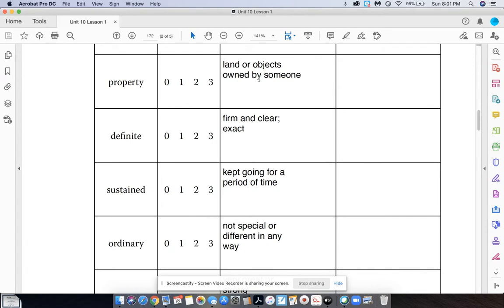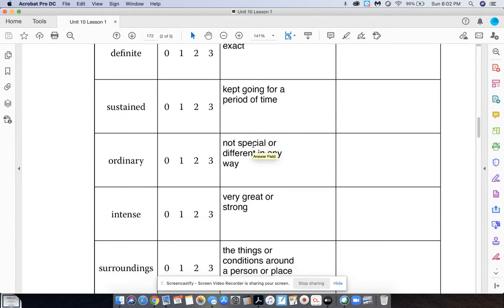Property means land or objects owned by someone. Definite means firm and clear, exact. You want a definite answer, or a hurricane could have a definite shape. Sustained means that it kept going for a long period of time.